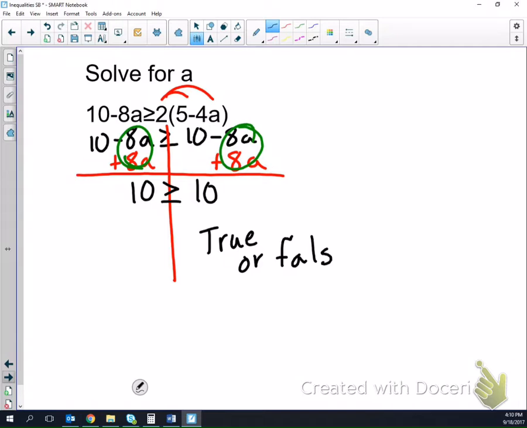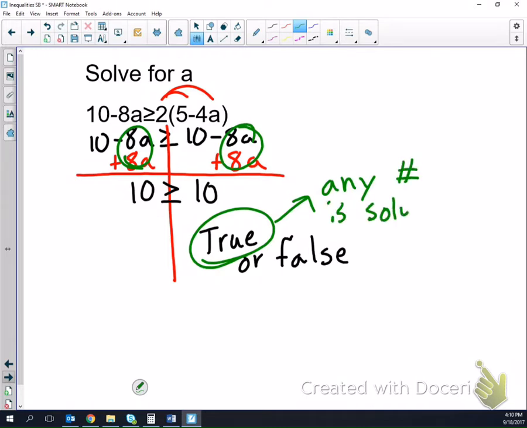All right, so is 10 greater than or equal to 10? Well, the answer is true. That's absolutely true, because we've got the or equals to in there. Now, because it's true, that means any number is a solution. All right, and so we can go back to that one statement we noticed where they are both the same.